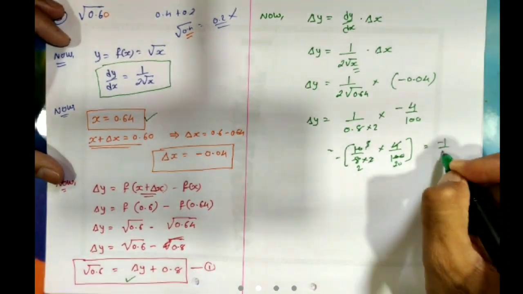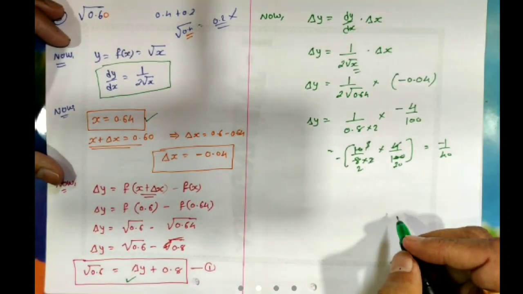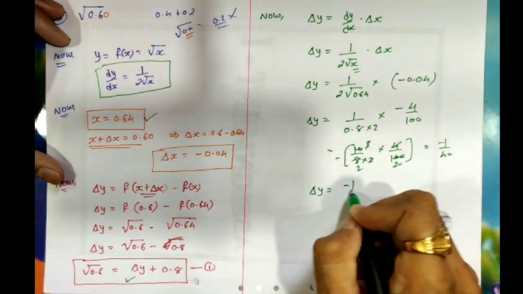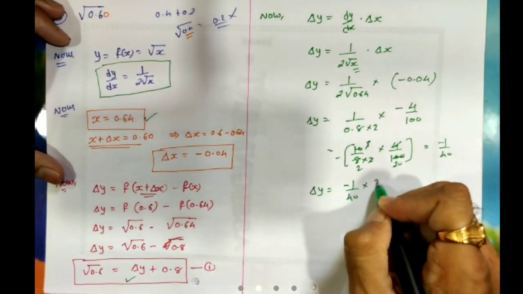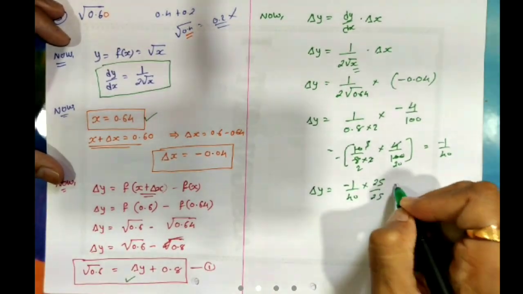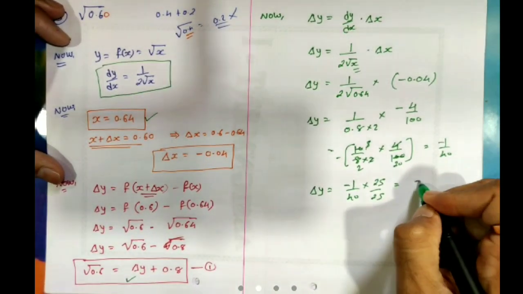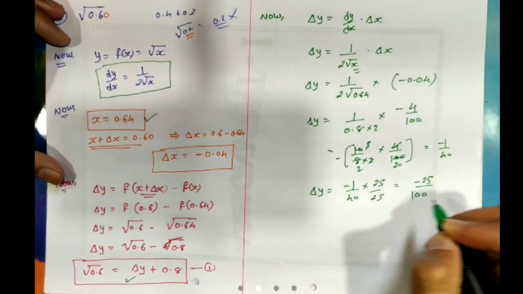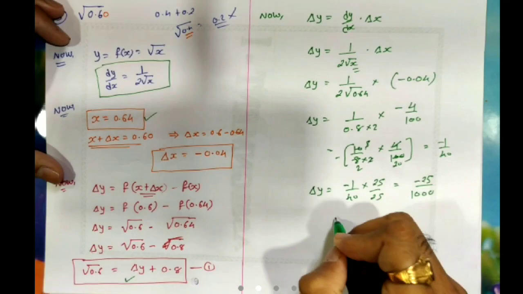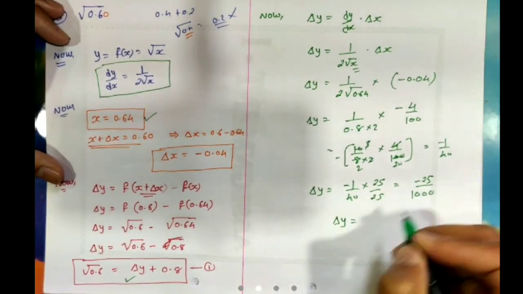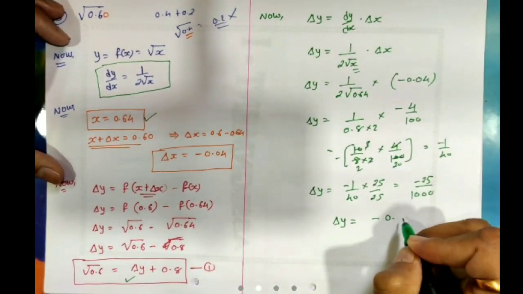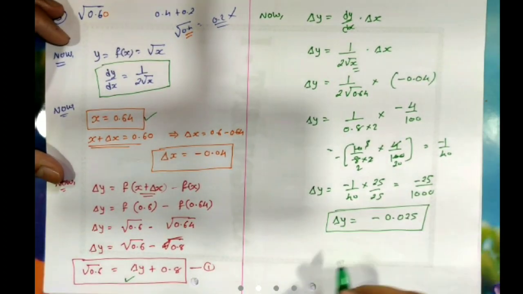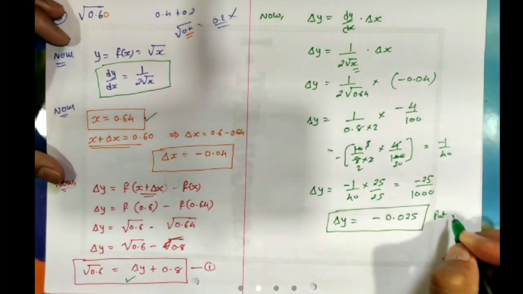So it's minus 1 by 40. Minus 1 by 40 multiplied with 25 gives minus 25 over 1000. So our delta y is minus 0.025. Clear?